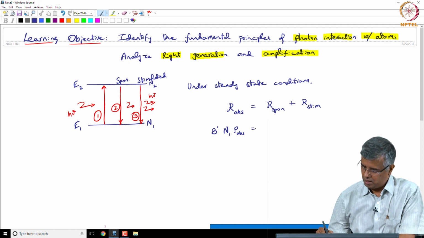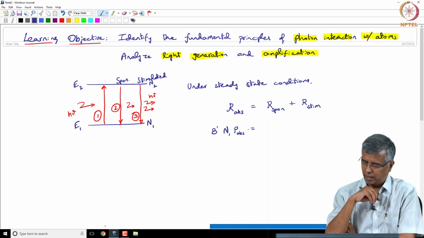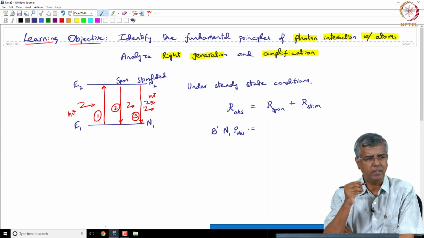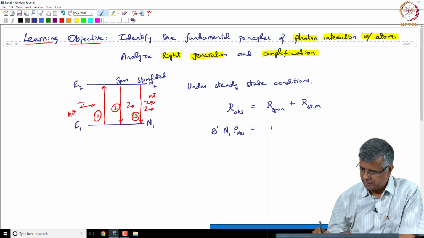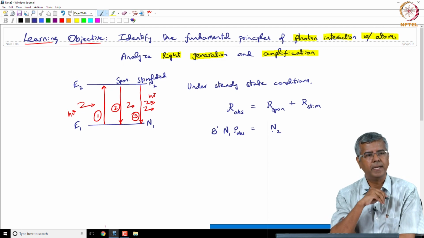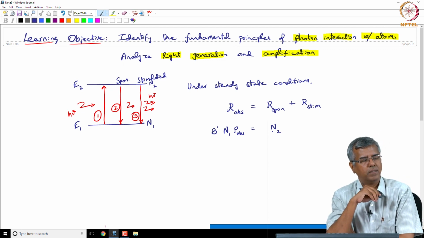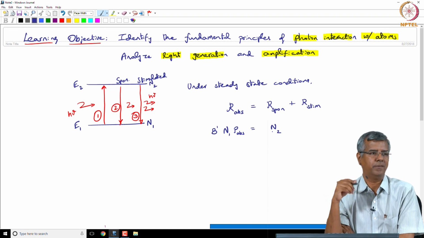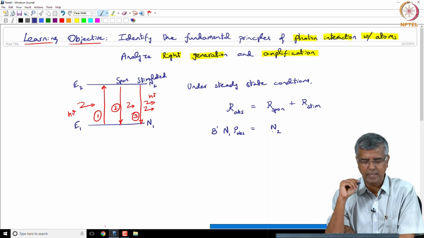Okay. And similarly, as far as spontaneous emission is concerned, spontaneous emission happens at a particular rate. It certainly depends on N2, right. Only if the atom is in that excited state is it going to have spontaneous emission, otherwise you cannot have emission, right.